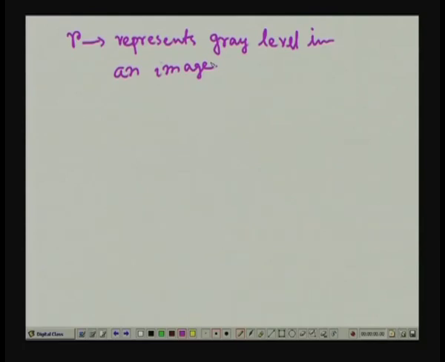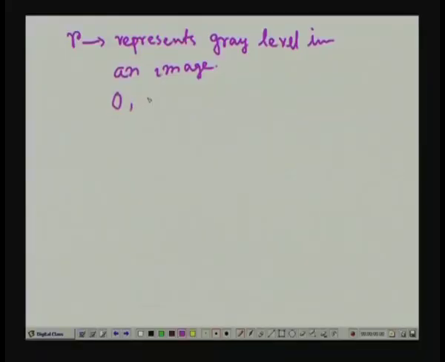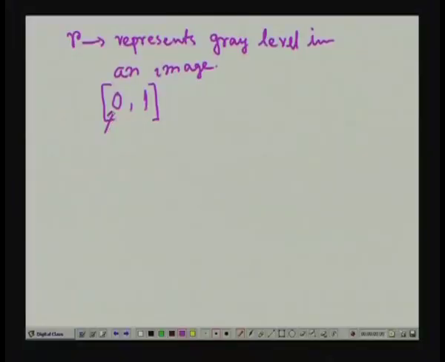And for the time being, we will also assume that the pixel values in an image are continuous and normalized in the range 0 to 1. So, we assume normalized pixel values, which can take values in the range 0 to 1, where 0 indicates a black pixel and 1 indicates a white pixel.